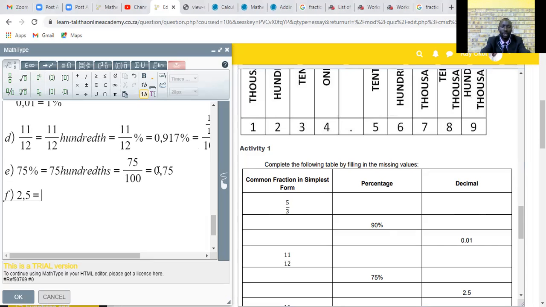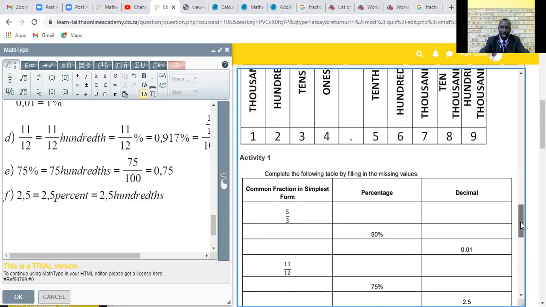So we will be having 2.5 percentage, 2.5%. And we can call it also 2.5 hundredth. Yes, 2.5 hundredth. And then we look at our table here.